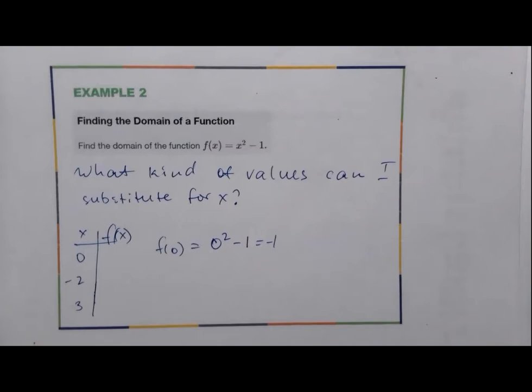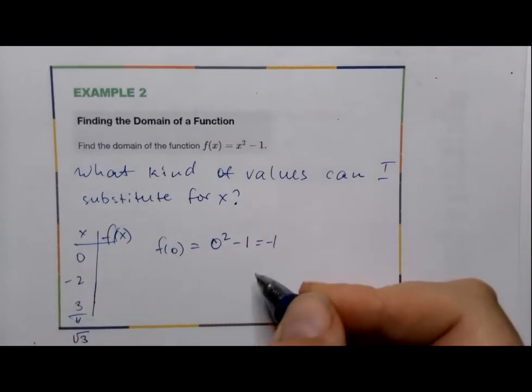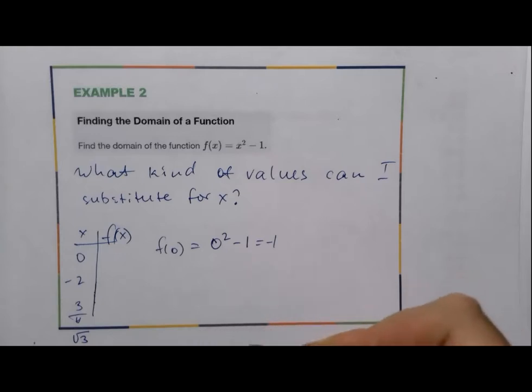What about a radical? Can I put in an irrational number like maybe pi or square root of 3? Is it going to work in my equation? Can I put it in the calculator even and get a value for f of x?